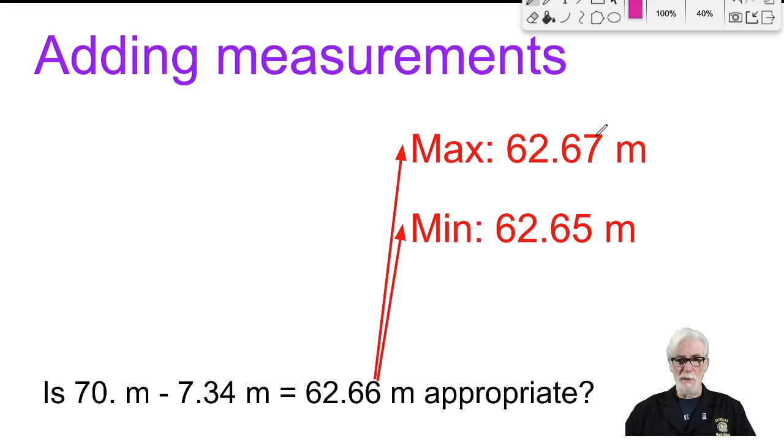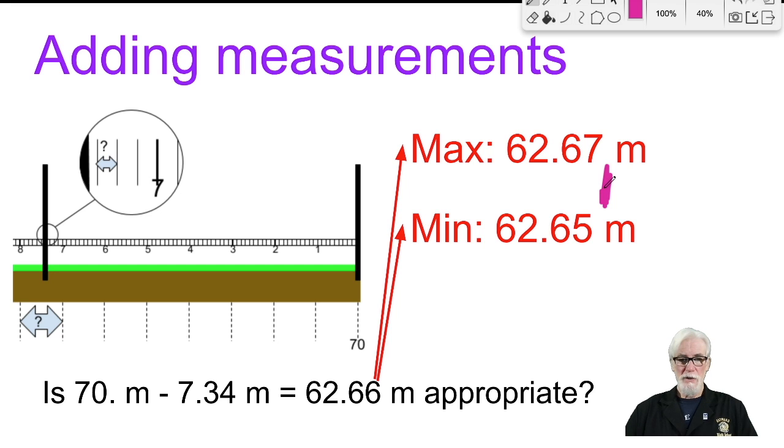The largest this number could be is 62.67, and the smallest it could possibly be is 62.65, because when you write this way, taking into account significant figures, that last digit is an estimate and it floats plus or minus 1. So 1 bigger than 62.66 to 1 less than 62.66, that's the range of what the measurement actually is. What's the length of the new field?